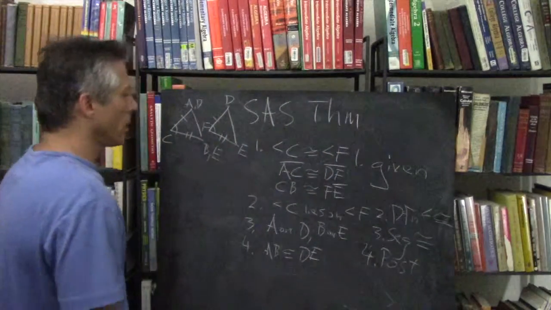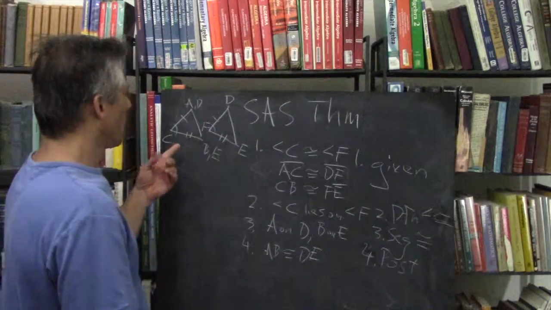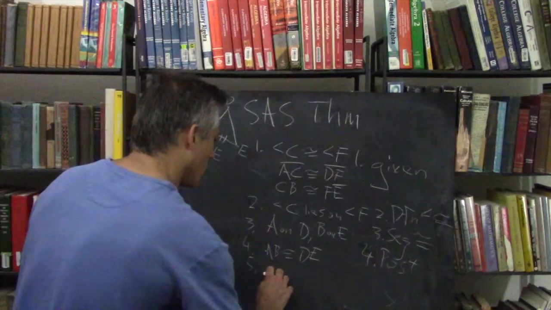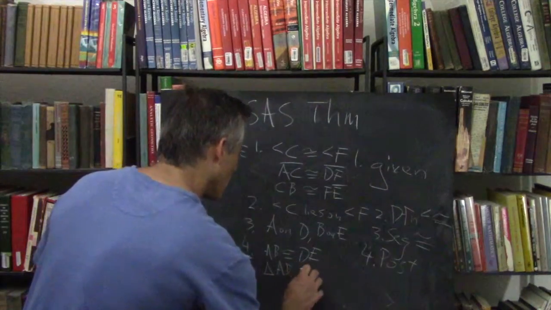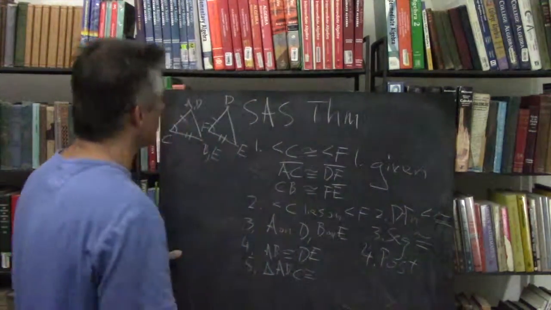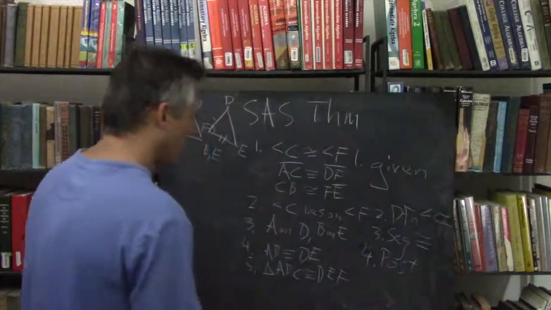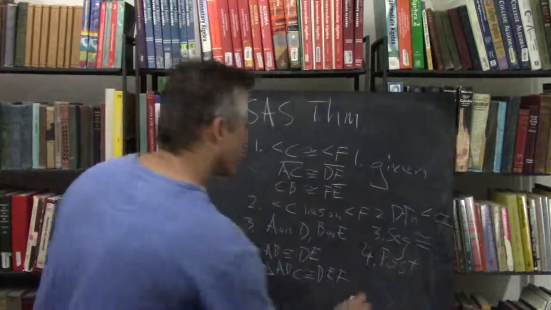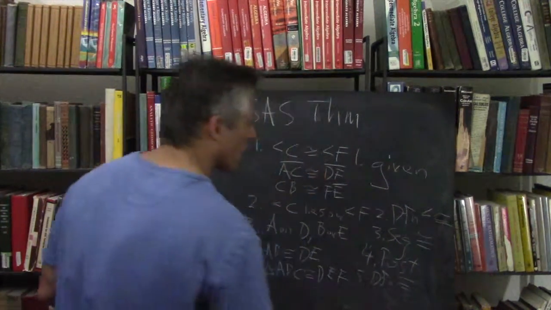Let's write postulate. And then line 5 would be triangle ABC is congruent to triangle DEF. Okay? Definition of congruence. Alright.